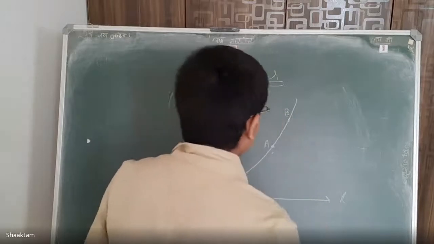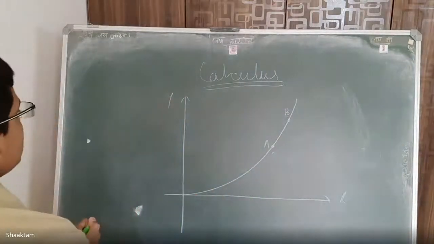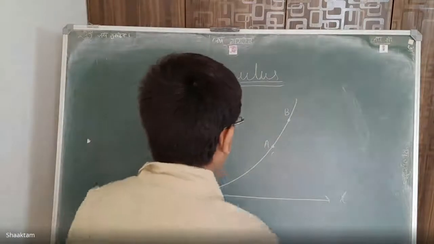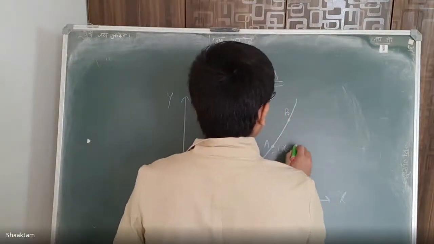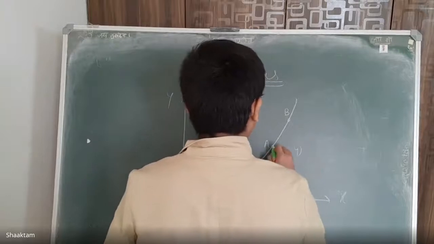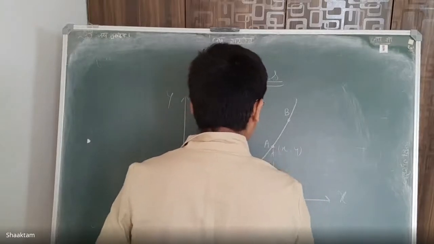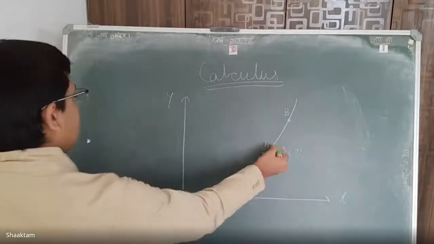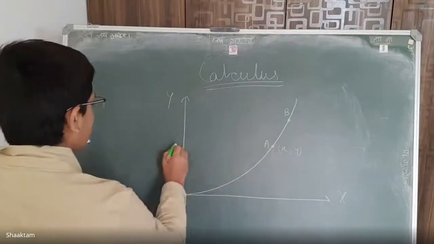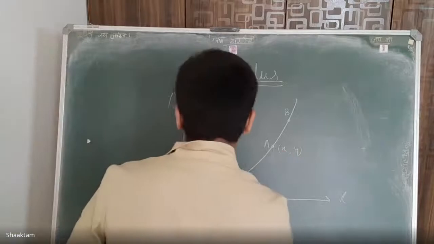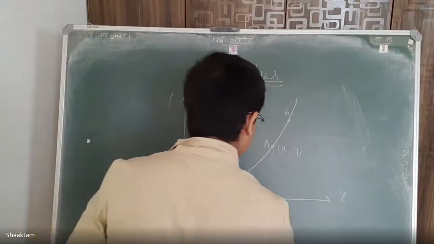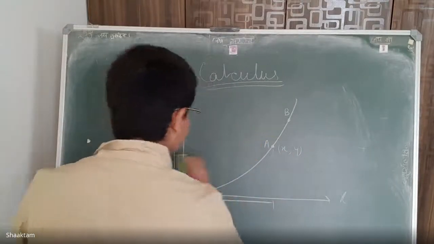Okay, so let me take any two points, A and B, where the coordinates of A are x comma y. From here, if I drop a perpendicular, then this length is y, as you know, and this length is x.